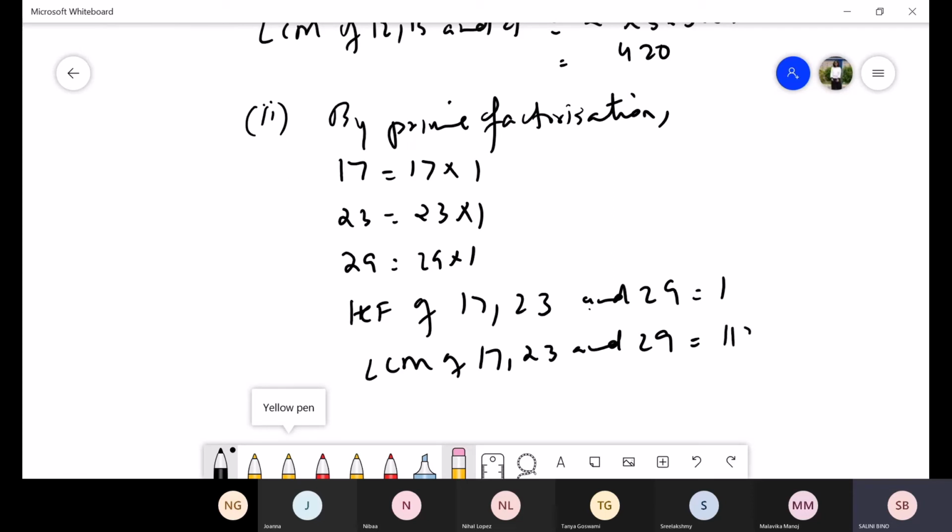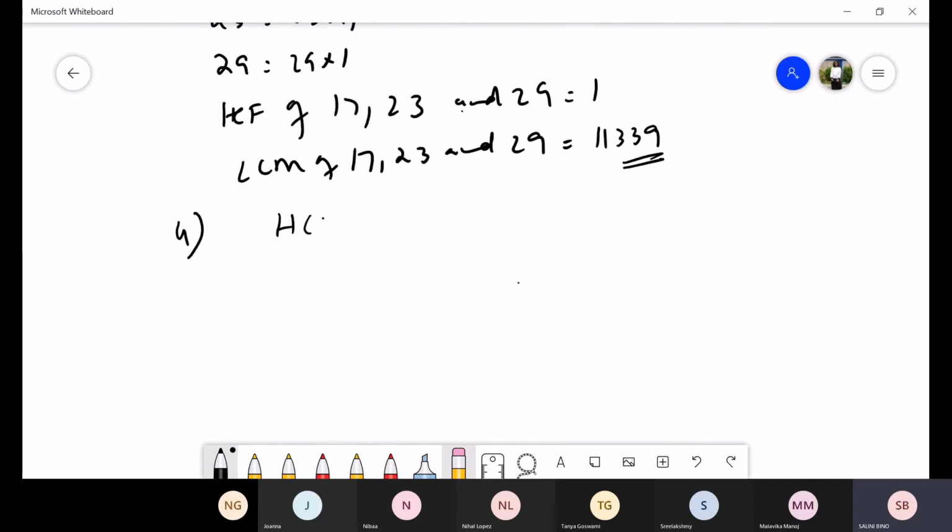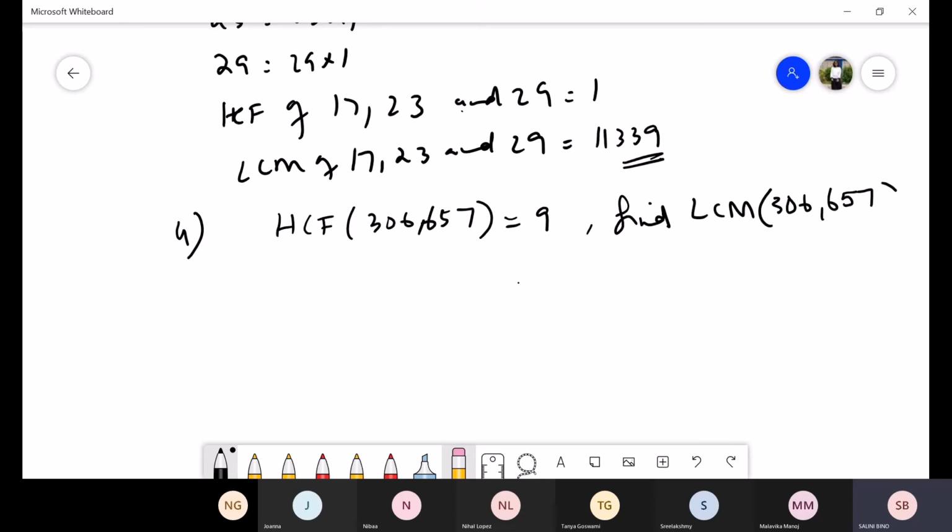It will be 11339. Listen, children, HCF of 306, 657 is equal to 9. And the question is to find out the LCM of 306 and 657. So we use the formula HCF into LCM.